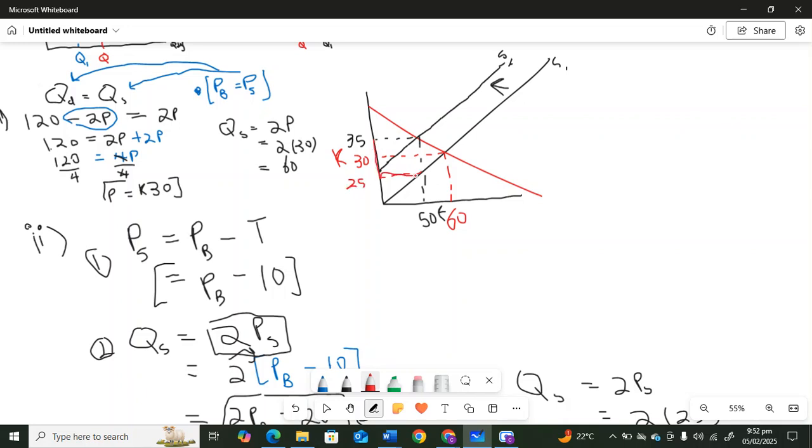So here the buyer and the seller have split the tax halfway. The buyer takes 5 kwacha of the tax, and the supplier also takes 5 kwacha of the tax. 5 kwacha plus 5 kwacha, 10 kwacha. So they've split the tax between the two.